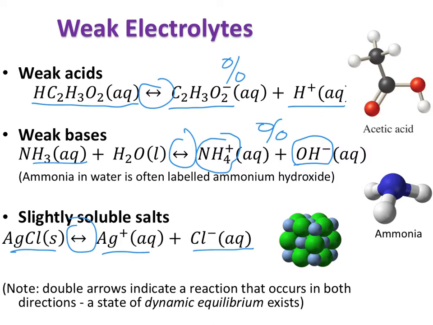This also designates that the solution is in a state of dynamic equilibrium. A dynamic equilibrium occurs when a reaction continues in both the forward and the reverse reactions, hence the double-sided arrow.